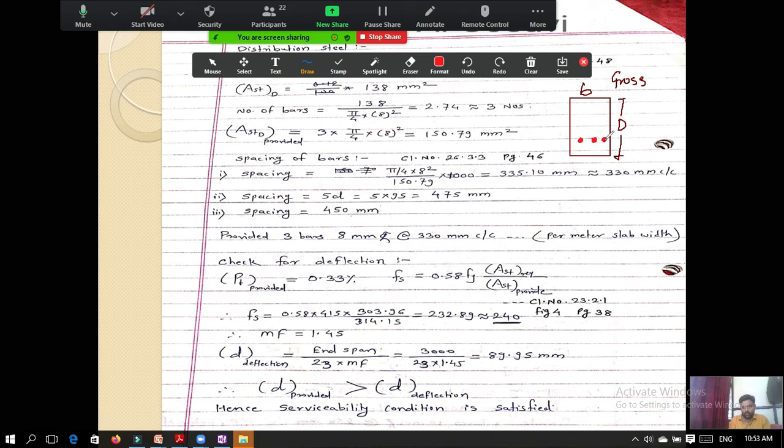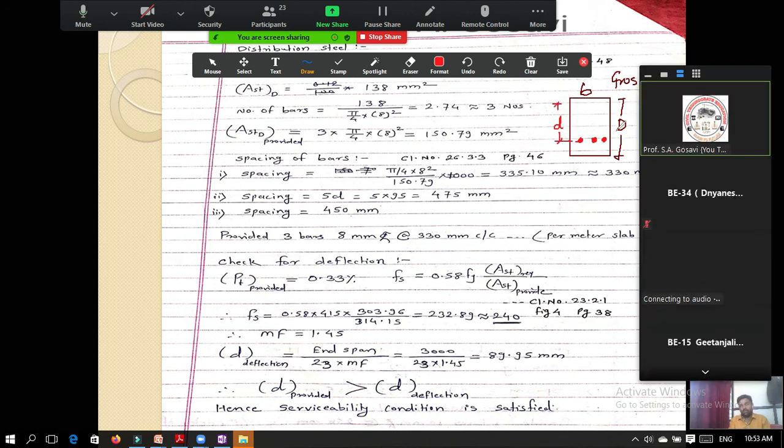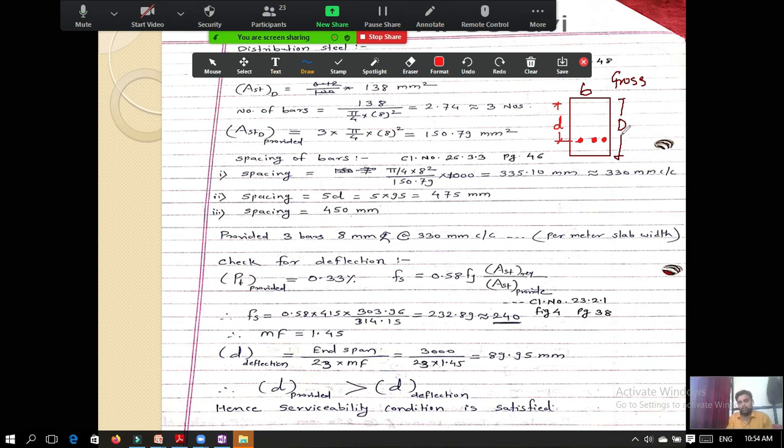Whatever the distance up to the center of this bar, that is your small d, the effective depth. This is your effective depth and this is your overall depth. Capital D is the overall depth, small d is the effective depth.